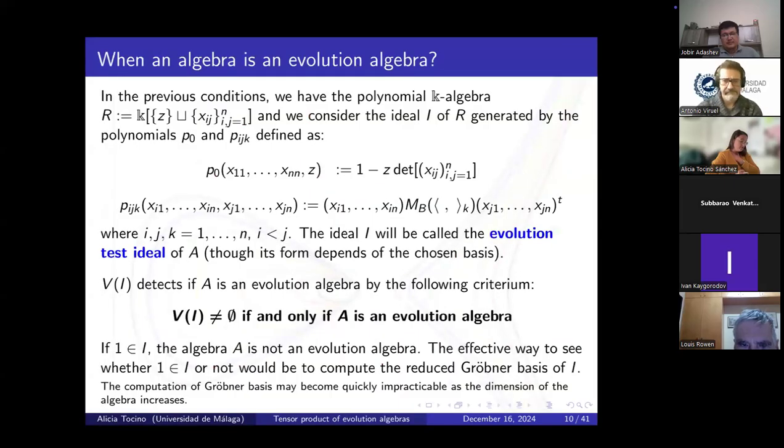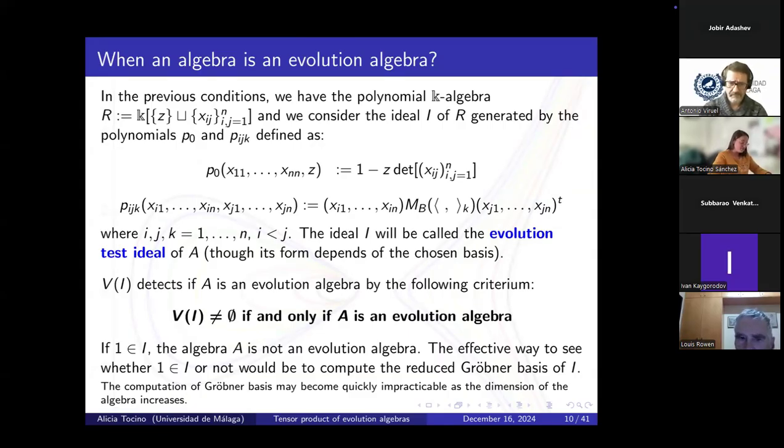We need to know when an algebra is an evolution algebra, since we are going to take two evolution algebras and do the tensor product, and we want to know if this tensor product is an evolution algebra or not. We can prove it in two different ways. The first one is regarding the evolution test ideal.